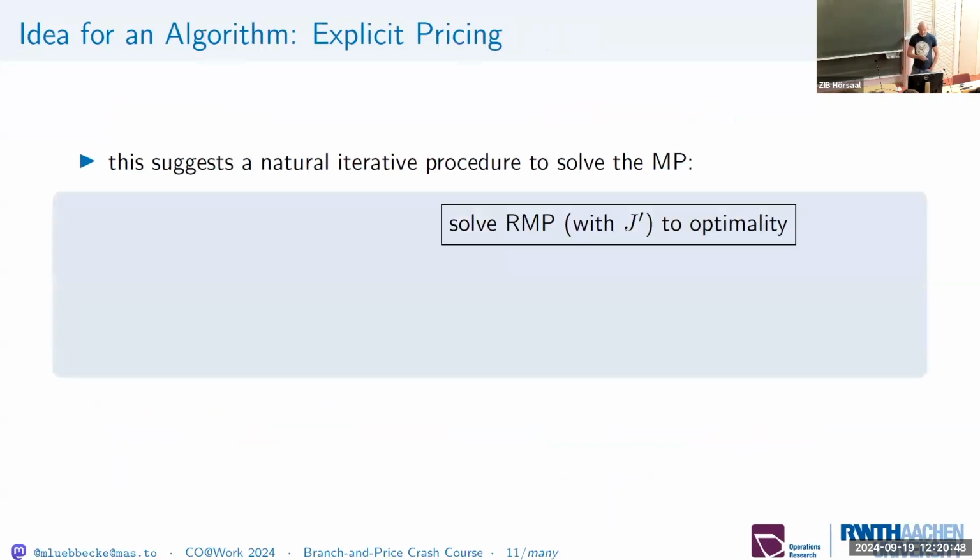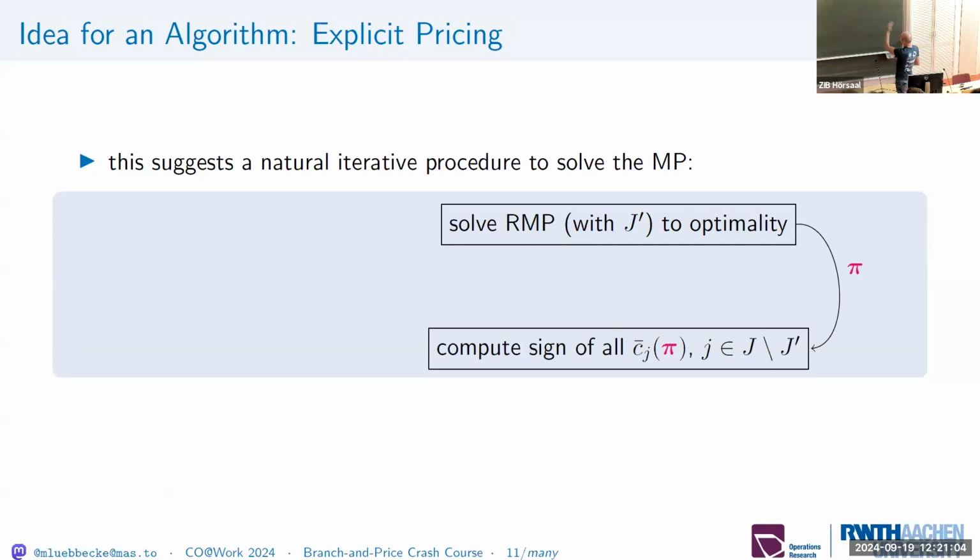Oh, this suggests a proof. Oh no, not a proof. This suggests an algorithm, let's say. So we solve the restricted version of this with just a few variables. We get a solution. In particular, we get a dual solution. We use the dual solution to compute the reduced cost of all the variables we have ignored so far. And if there is one with a negative reduced cost, then we add the corresponding variable.